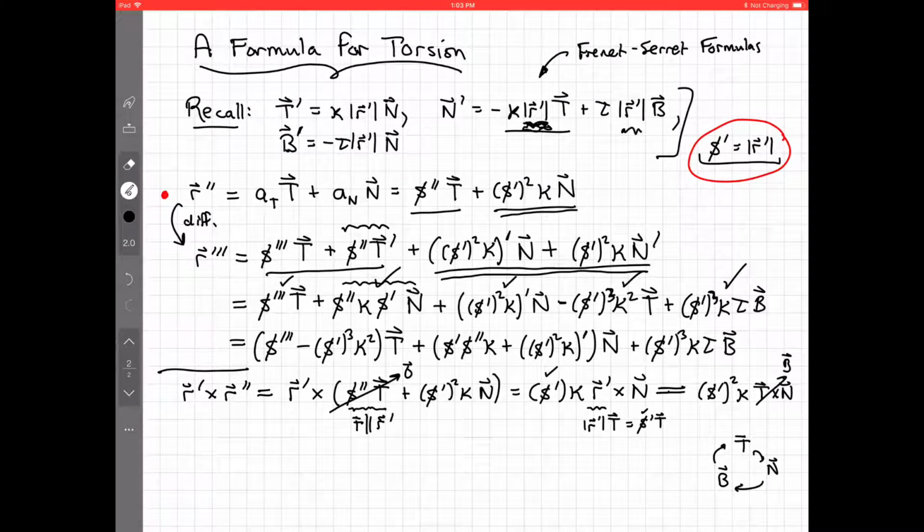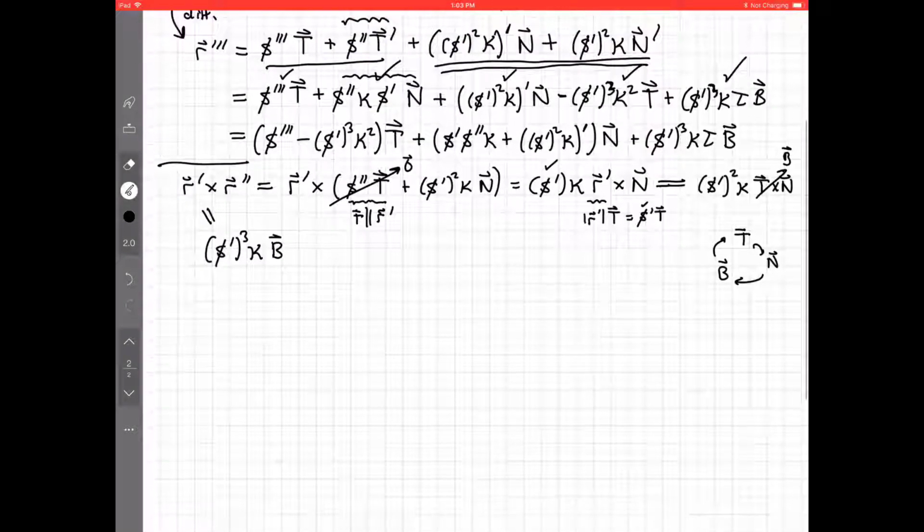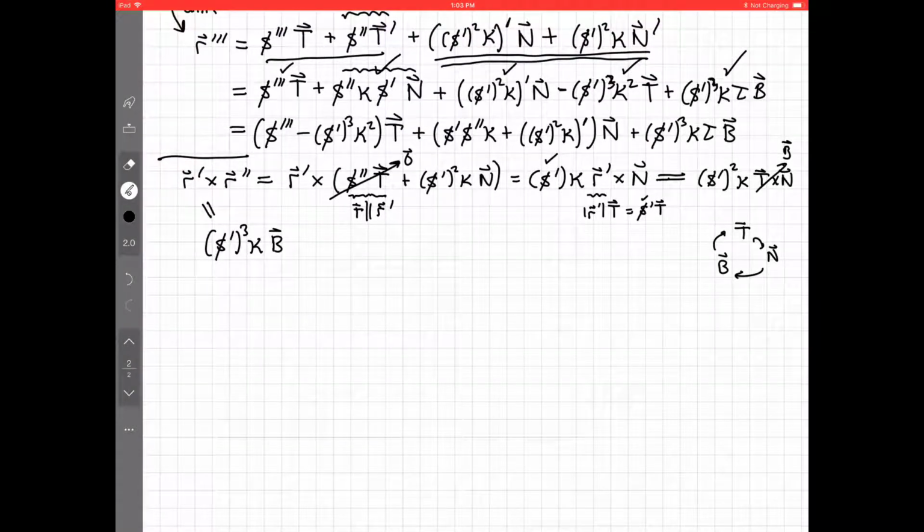Okay, so long story short, what do we have? We have that r prime cross r double prime is s prime cubed times kappa times B. Okay, now let's put things together. Let's take the triple scalar product, r prime cross r double prime dotted with r triple prime.